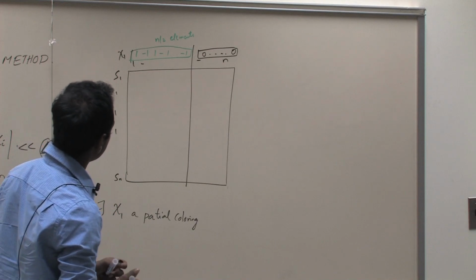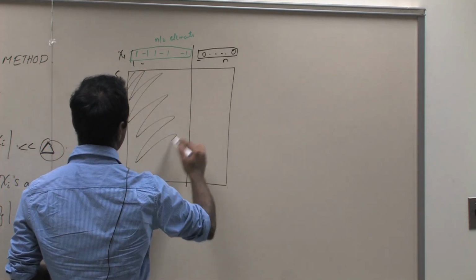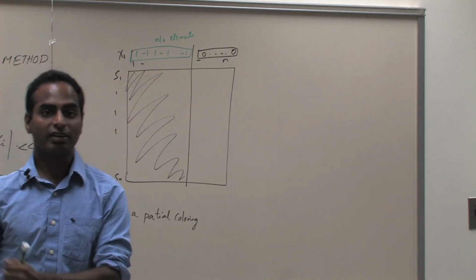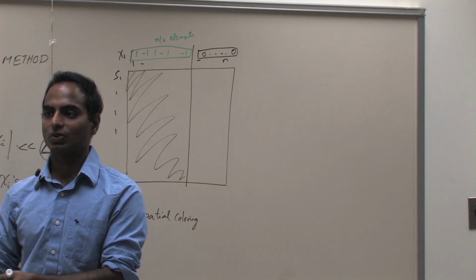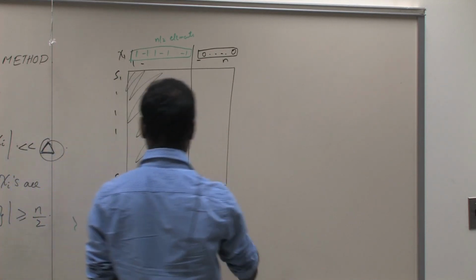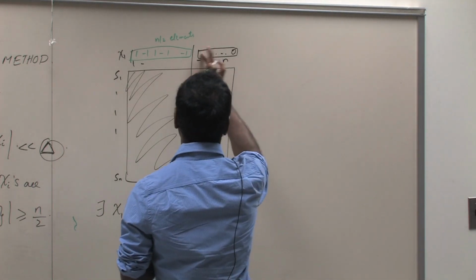Now since we know what these guys are, let's just ignore them. For the second part, we are just going to ignore them and repeat the procedure on the things which were colored 0 in the previous round. So we just repeat the process again and find another coloring, chi2.